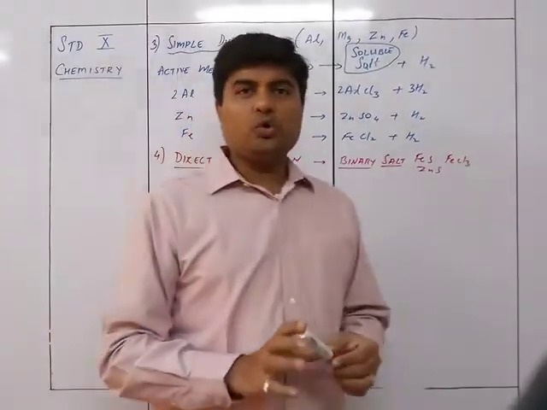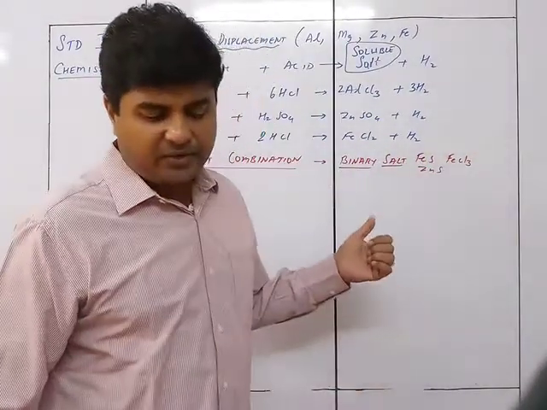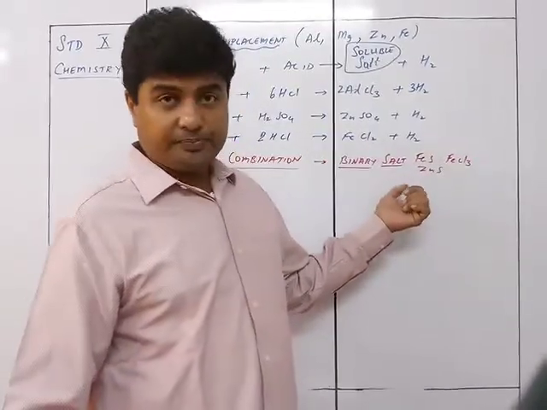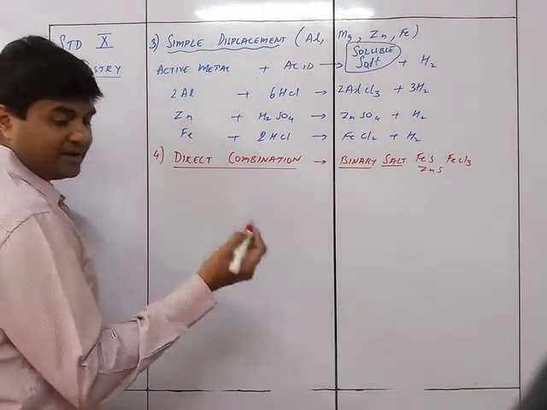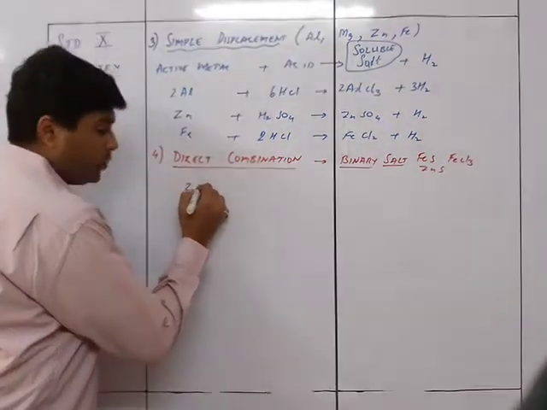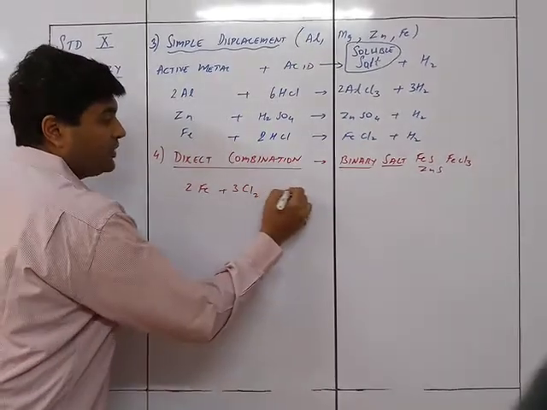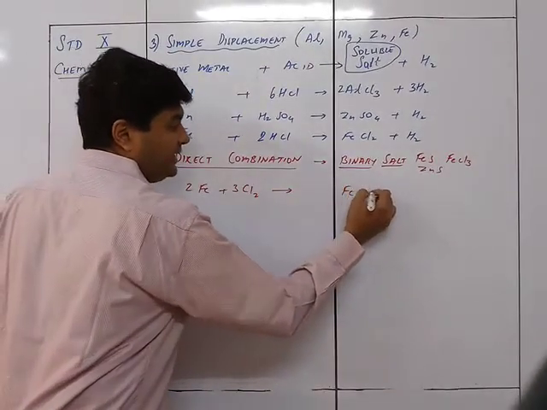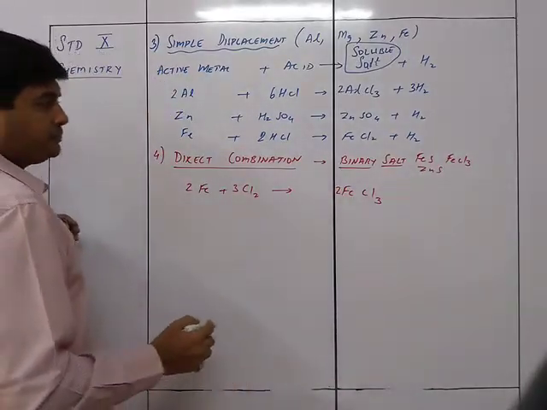So it is only two elements combined to form one compound. That kind of thing can be done with the help of this method. Let's take iron first: 2Fe plus 3Cl2 is going to give me 2FeCl3.